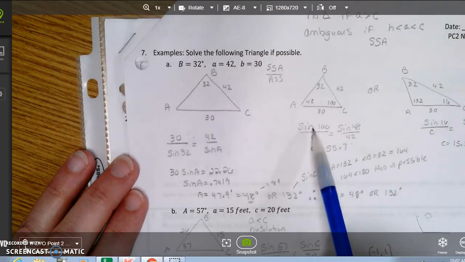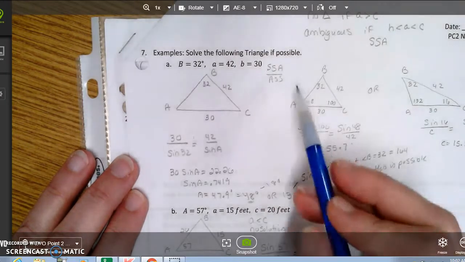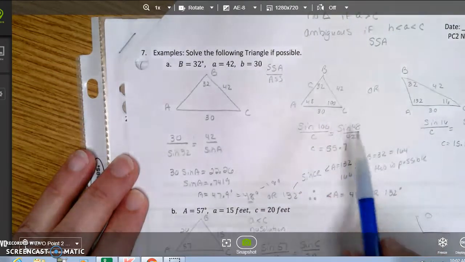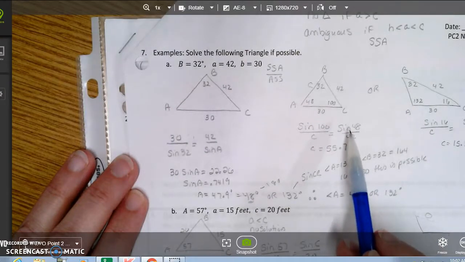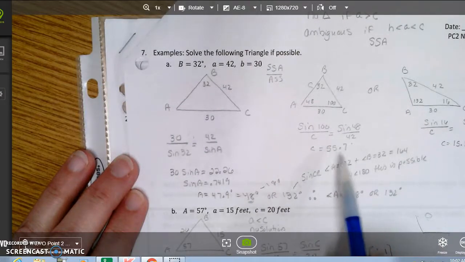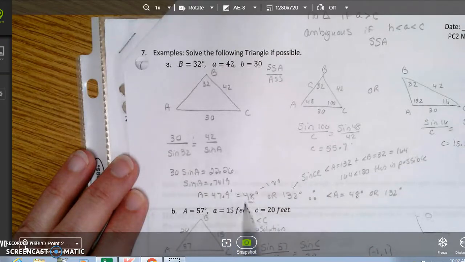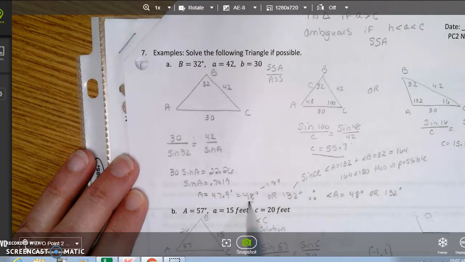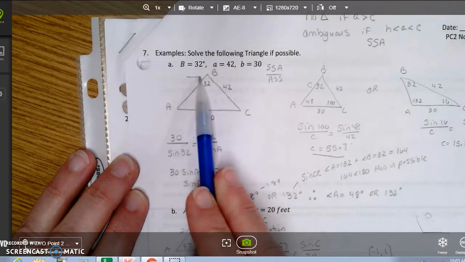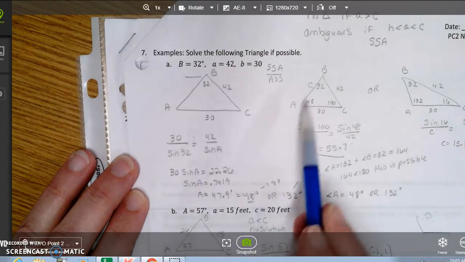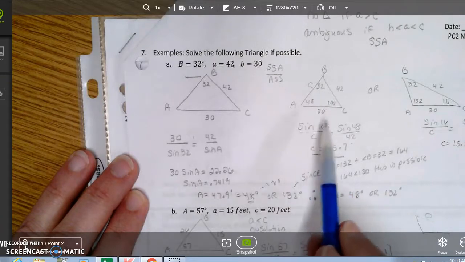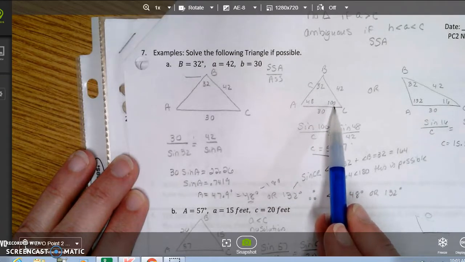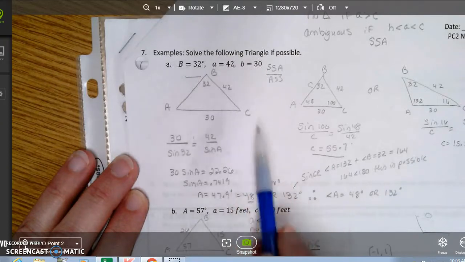So I can do angle C over side C, and then angle A over side A, and I can cross multiply and I can get side C. So here I have side C, angle A, angle B, angle C, which we got from subtracting from 180, side A, side B, and side C.